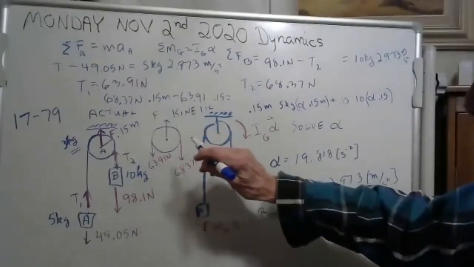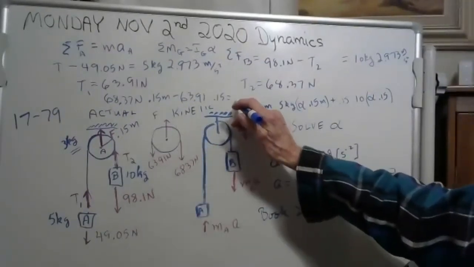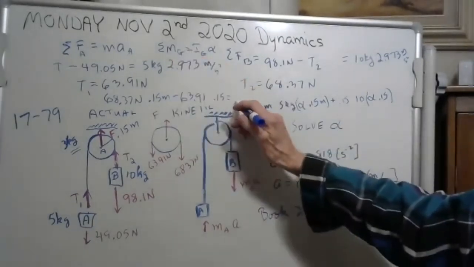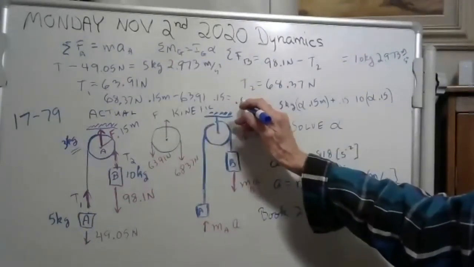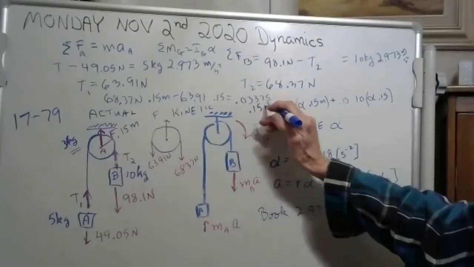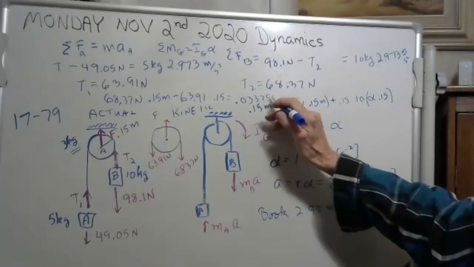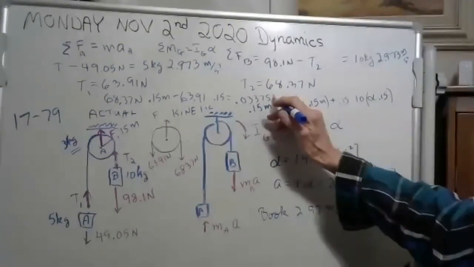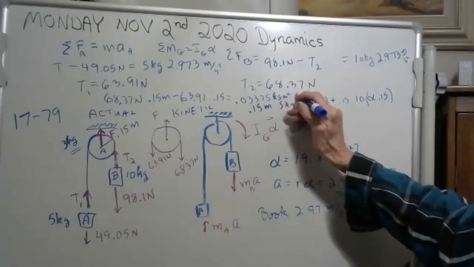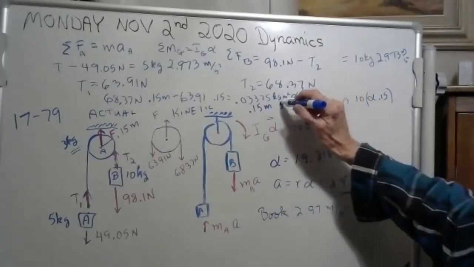There it is. It's equal to the I, which is 0.03375 kilogram meter squared, times alpha.